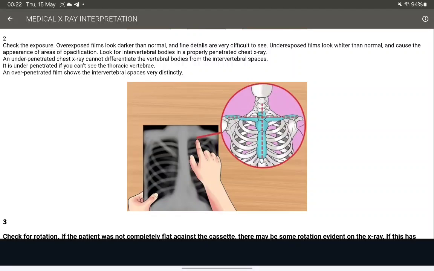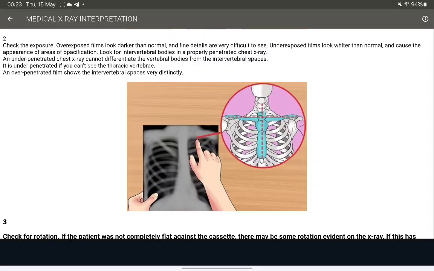Look for intervertebral bodies in a properly penetrated chest X-ray. We should only see the vertebral column without details in good exposure. An underpenetrated chest can't differentiate the vertebral body from the intervertebral spaces.